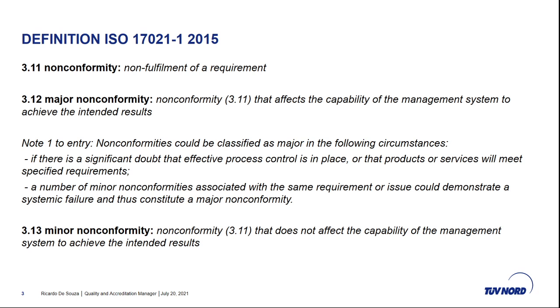Okay, so there is another aspect to be considered as a major nonconformity: when a number of minor nonconformities associated with the same requirement or issue could demonstrate a systemic failure and thus constitute a major nonconformity.